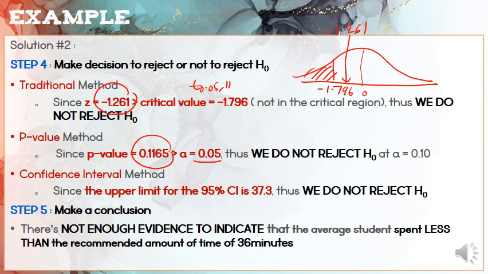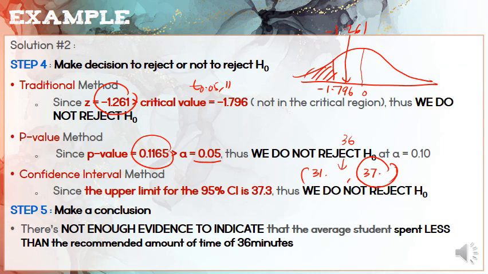So tadi kita dapat our 95% confidence interval is 31 point something sampai 37 point something. Okay, so dia kata adakah student spend less than 36? Okay, 36 within this range, but dia punya upper limit dia 37, which is greater than 36 recommended hours.